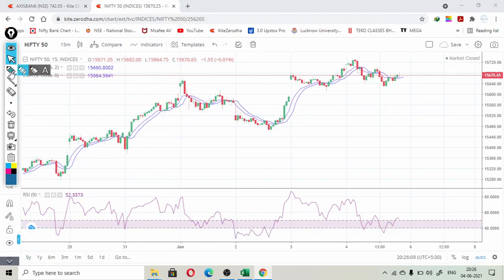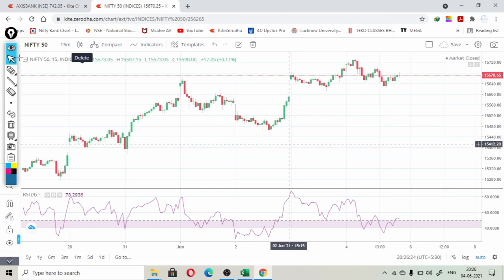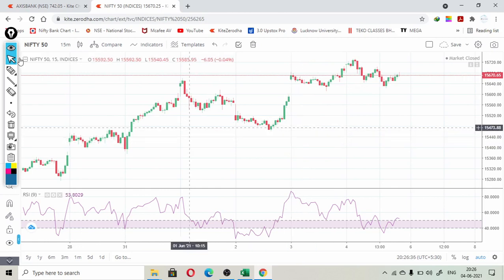Let us see. First of all, we have to check whether the gap up or gap down is less than or more than 0.5%. Yesterday's close was at 15,590 and today's opening was at 15,655.